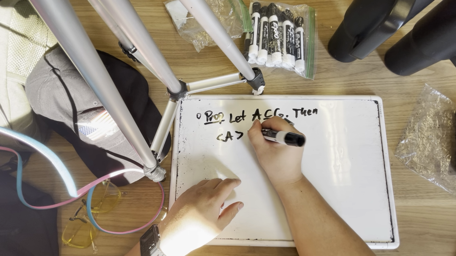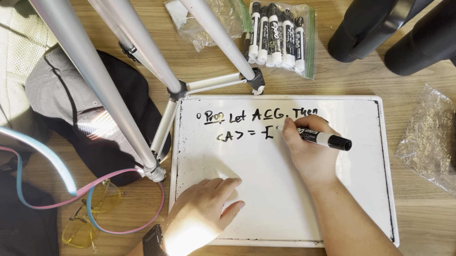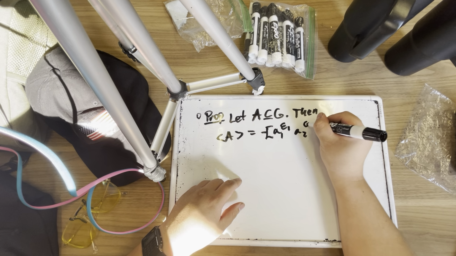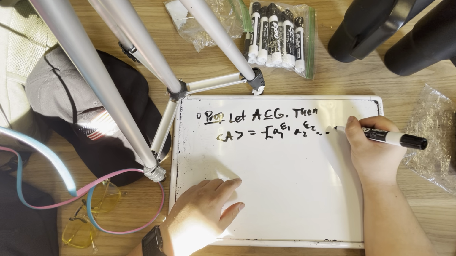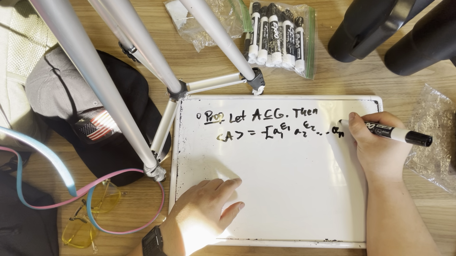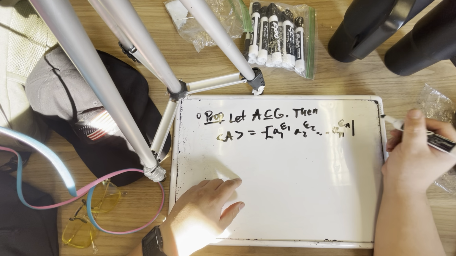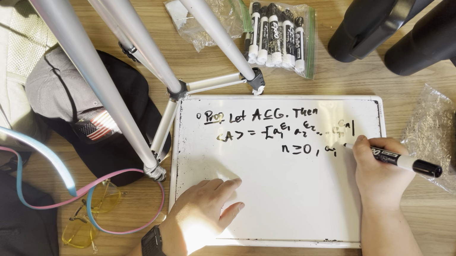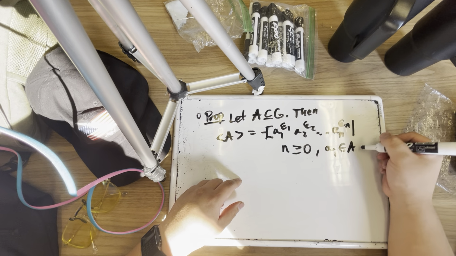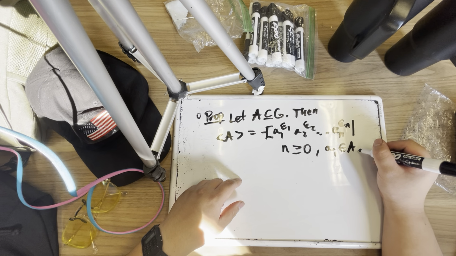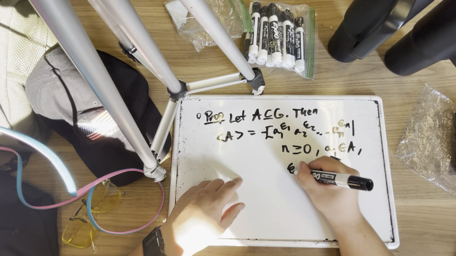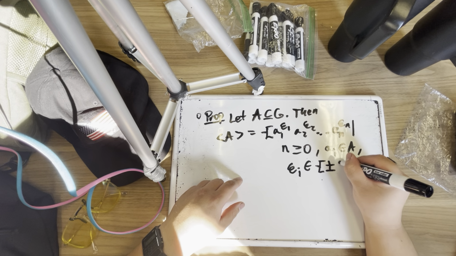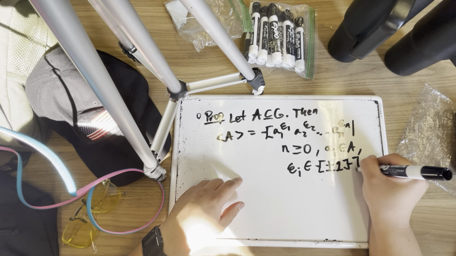Well, the group generated by A is equal to the set containing a sub 1 to the epsilon sub 1, a sub 2 to the epsilon sub 2, and on and on until we reach a sub n to the epsilon sub n, such that n is greater than or equal to 0, a sub i is contained within the set A, and epsilon sub i is contained within the set containing plus or minus 1, and only those two things.